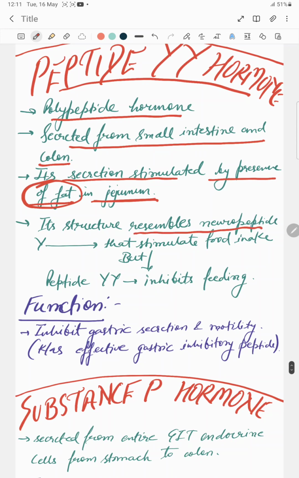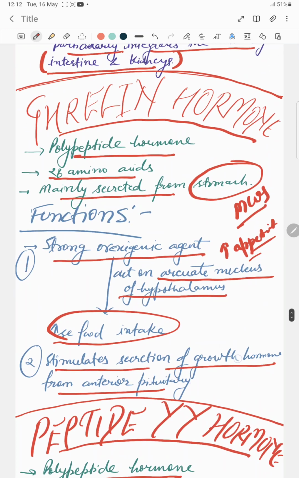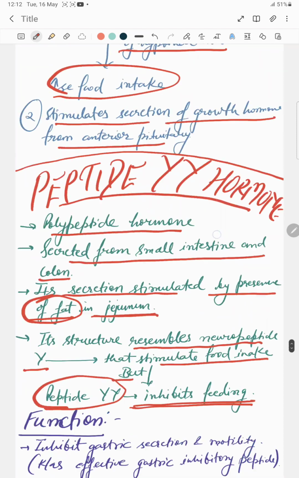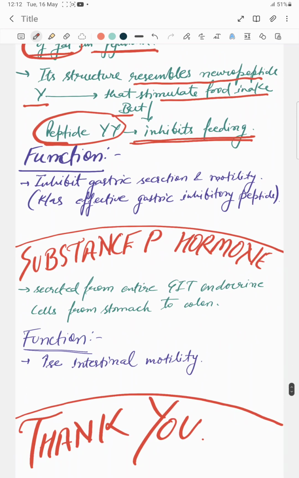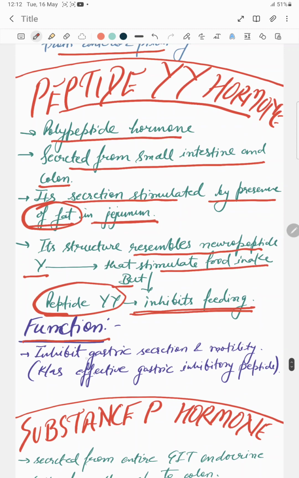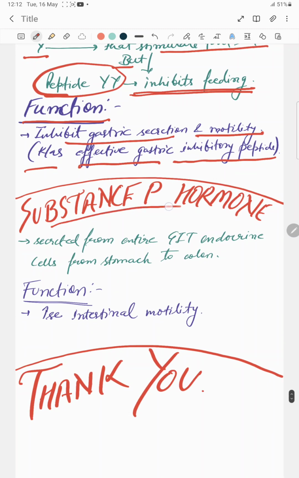Its structure resembles neuropeptide Y, which stimulates food intake, but peptide YY inhibits feeding, whereas ghrelin increases food intake, an orexigenic agent. The function of peptide YY is that it inhibits gastrin secretion and motility, and it's also known as effective gastrin inhibitory peptide.